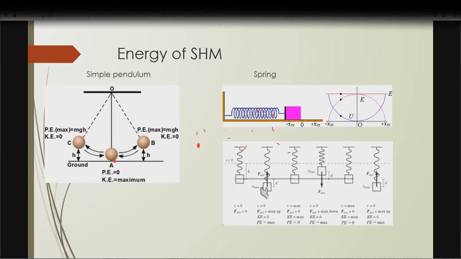When it moves upward, it decelerates. So the velocity is decreasing, then kinetic energy is decreasing, and the potential energy is increasing. But according to the conservation of energy, we know the total energy is constant.